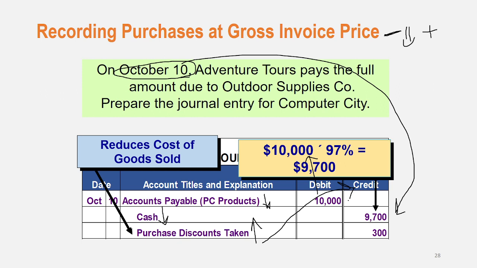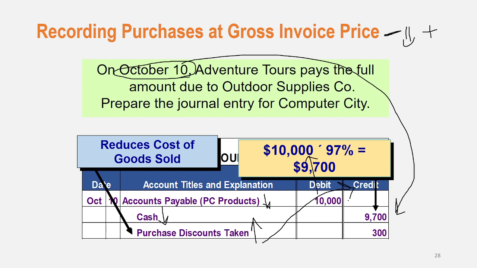In fact, the purchase discount taken represents the discount Adventure Tours is available by making the payment early, in the discount period. And the terms of credit were 3% within the 15 days, meaning Adventure Tours can take a 3% discount if it pays within the 15 days.